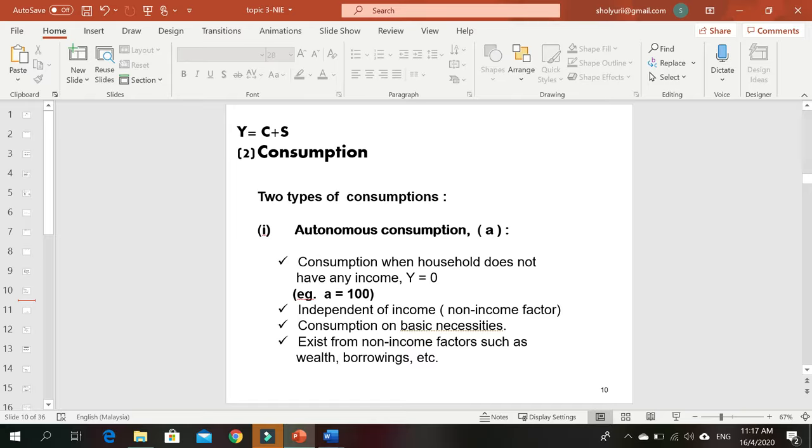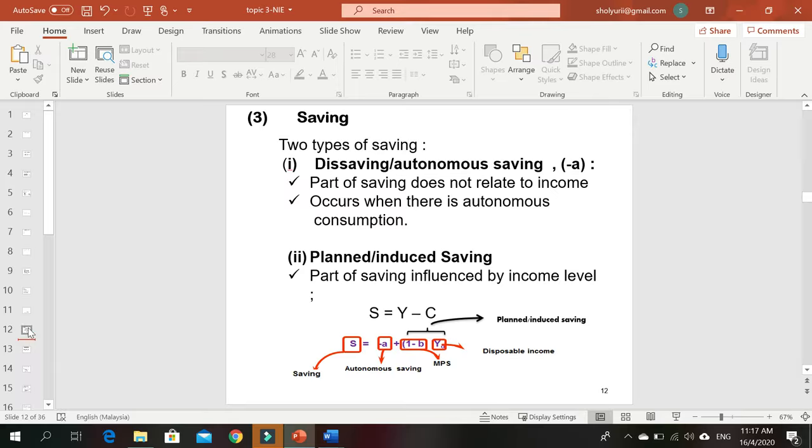Nilai dia adalah nombor solid. Okay. So, bila you belanja RM100, apa yang berlaku pada autonomous saving you? Autonomous saving you kat sini akan jadi negatif 100. So, nilai autonomous saving adalah terbalik nilai autonomous consumption.